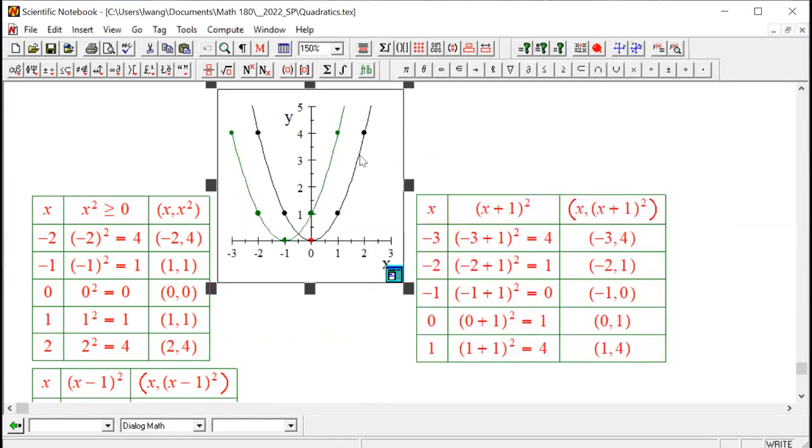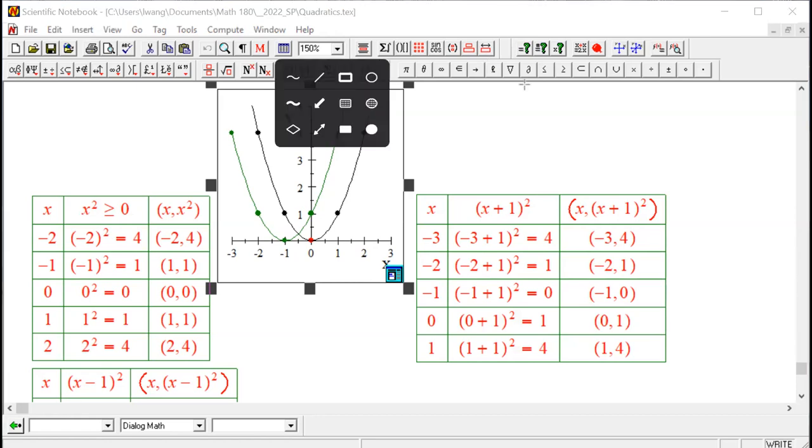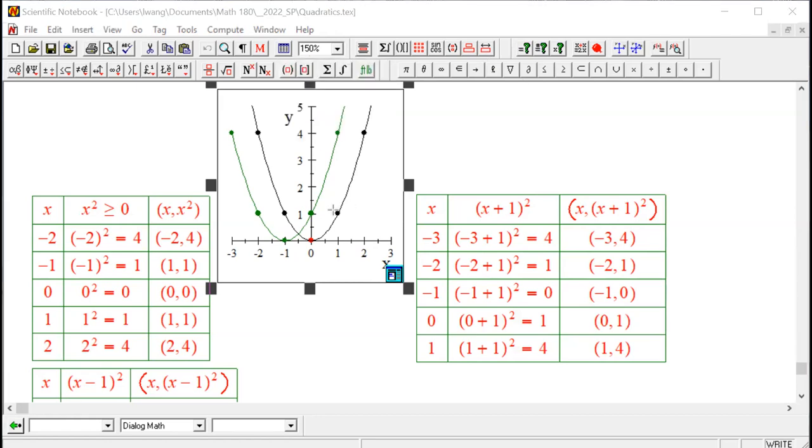The entire curve of x squared is shifted to the left by 1 unit. Shifted to the left by 1 unit.